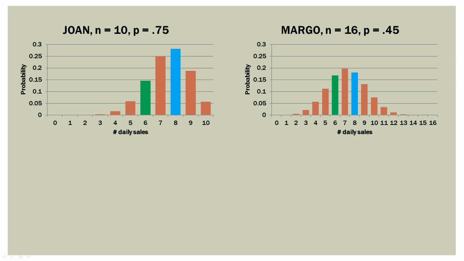But if we go over to Margot, we can see that hers is way above 0.15. It's nearing the 0.18 zone, or 0.17. So for 6 sales, Margot has the edge. For Joan it was 0.146. For Margot it was actually 0.168, or about 0.17. And that's the green bar.